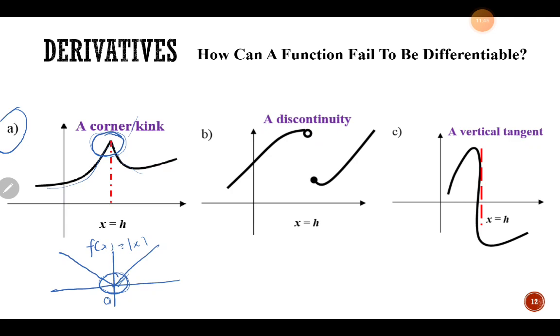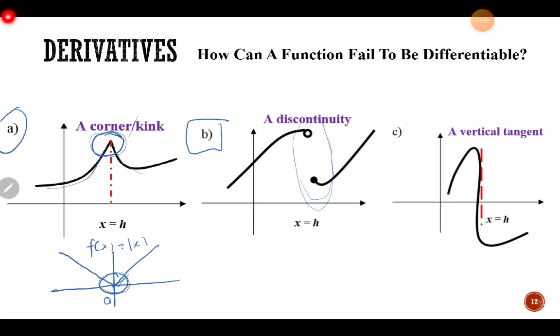So reason dia sama dengan yang saya discuss just now. And B, confirm lah if the function is discontinuous. Kalau function tu differentiable, it is continuous. So maknanya kalau function tu tak continuous, confirm it is not differentiable.